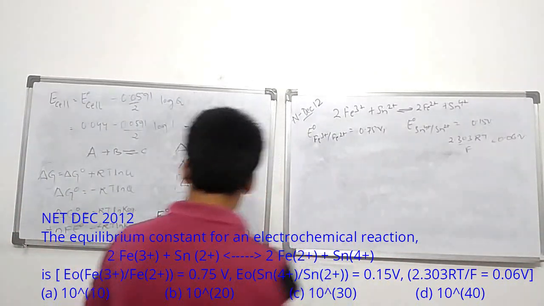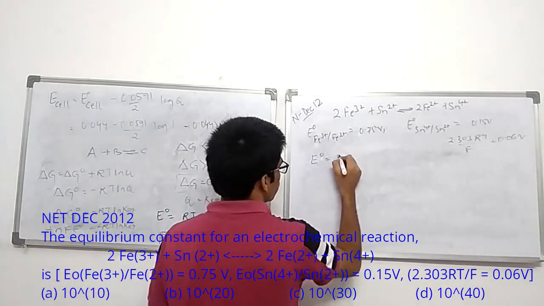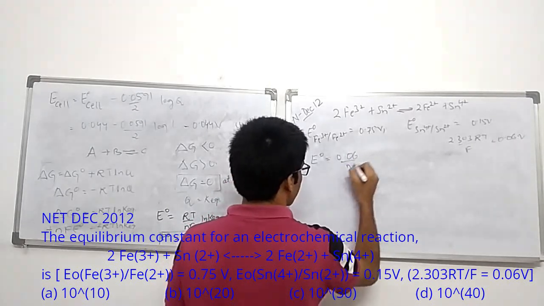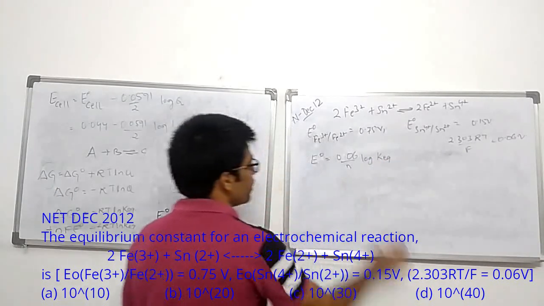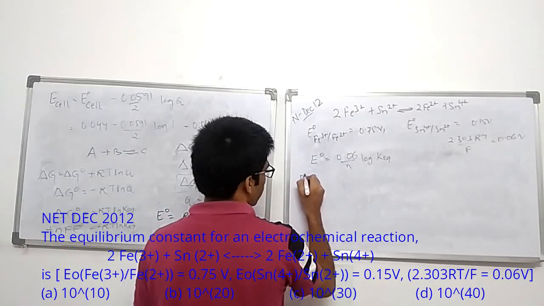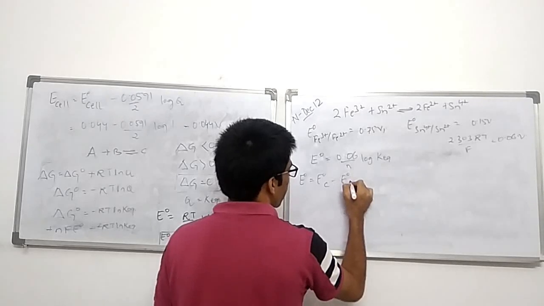We know from this equation that E naught is equal to 0.06 by n log K equilibrium. I need n and E naught to find K equilibrium. E naught is E naught cathode minus E naught anode.